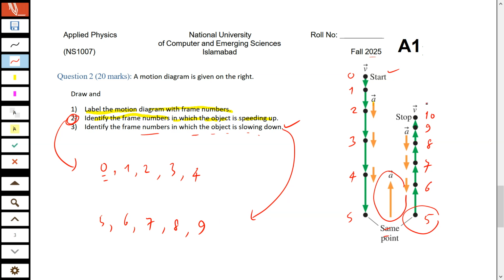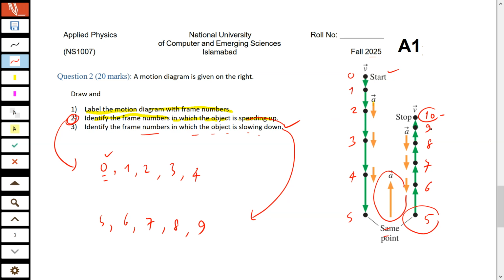We don't need to write 10 because at 10 it has stopped, and when something stops, it cannot slow down more than that. So we are skipping 10 from here. 0 cannot be excluded because the acceleration started at 0. If it did not start at 0, then you cannot actually reach frame 1 with a larger velocity.